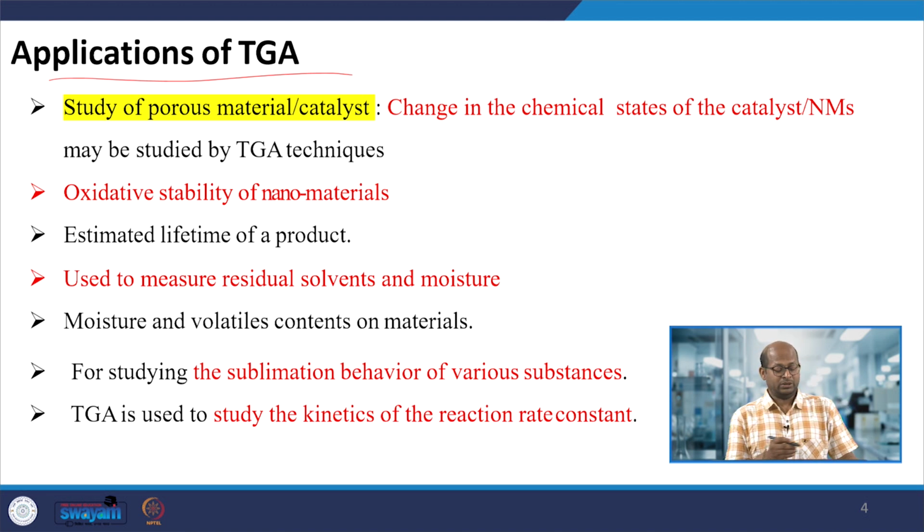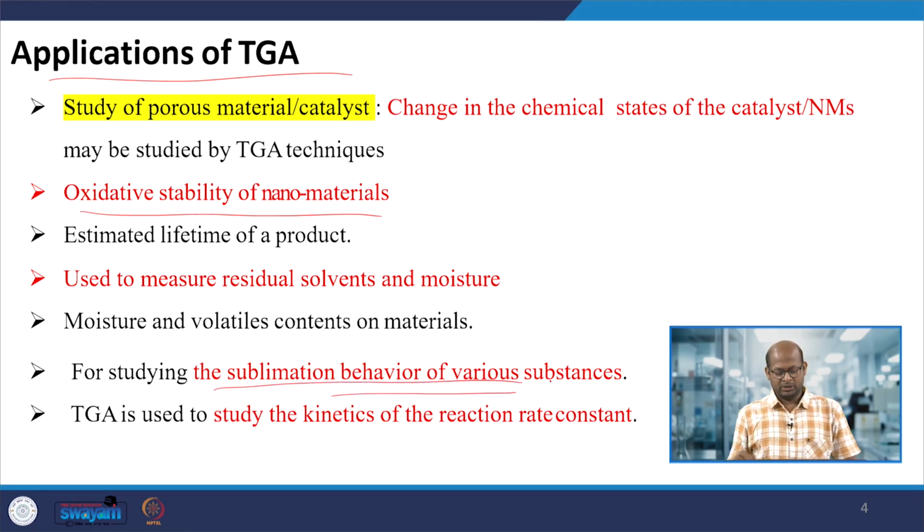So, using this particular TG analysis, we can determine the oxidative stability of that material, the lifetime of the products, or it is used to measure the residual solvents or moisture present inside that material or its pores, how much quantity of solvents or volatile materials are present in that material, that we can quantify.